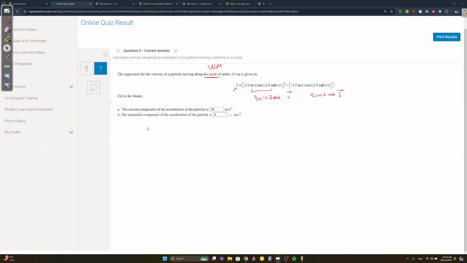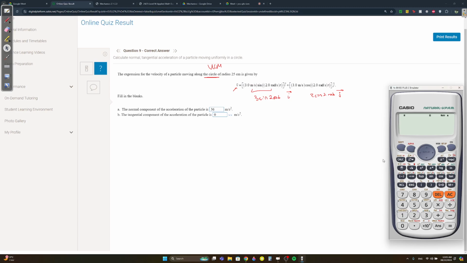Put this in your calculator, okay. Well, before we do that, let's see what they're trying to ask. They want the normal component and they want the tangential component. Without even solving, a tangential in UCM is always equal to 0. The normal component a normal is v squared divided by r.